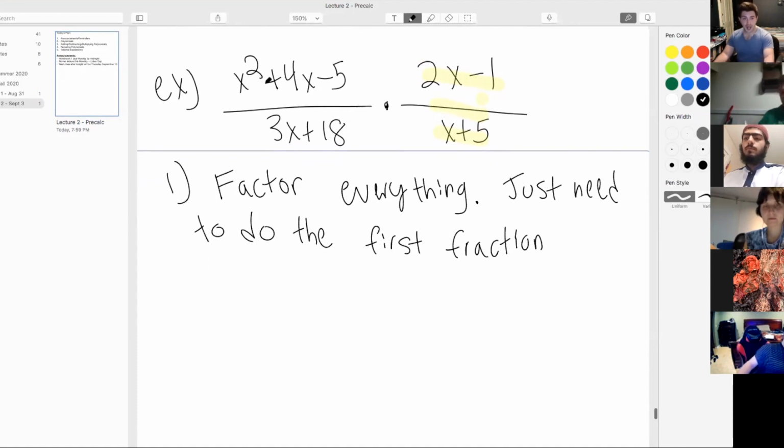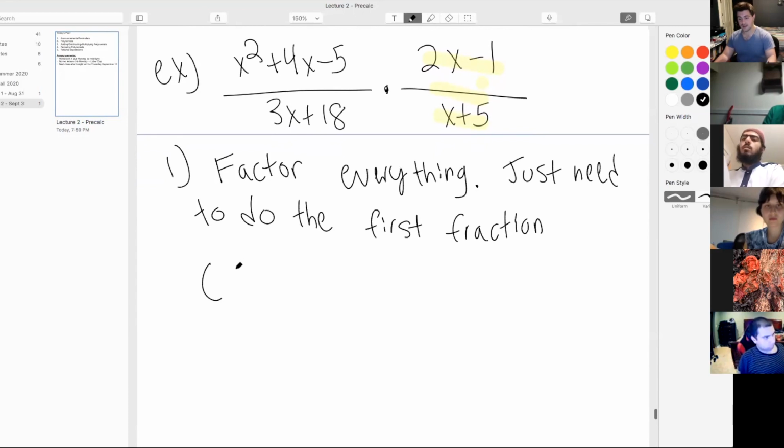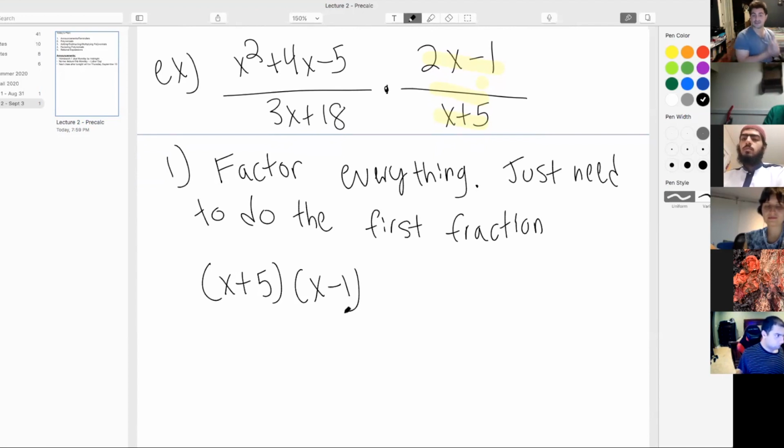The numerator, x squared plus 4x minus 5, will factor as x plus 5 multiplied by x minus 1. That was the technique: find two numbers that add to 4 and multiply to negative 5.